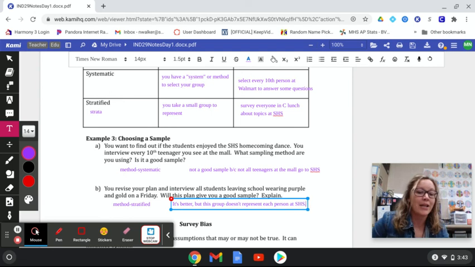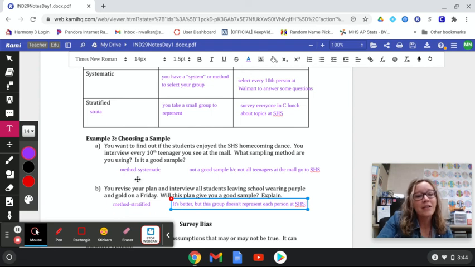I would maybe recommend doing a lunch hour where you get a little bit of everybody, or maybe asking certain ACT teachers, like 2 freshman ACT teachers, 2 sophomore ACT teachers, 2 juniors and 2 seniors, and go into their classes and ask, where you're getting a wide variety of people because your ACT classes are totally random. I'm sure you guys have seen your ACT roster. You get a wide variety of students with different interests, and so that might give you a better representation.